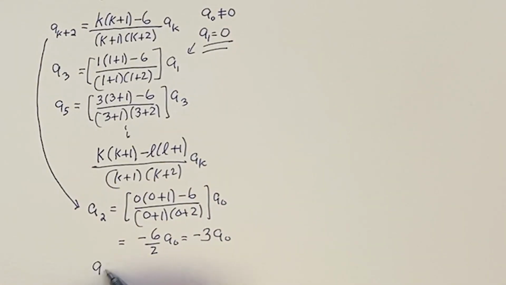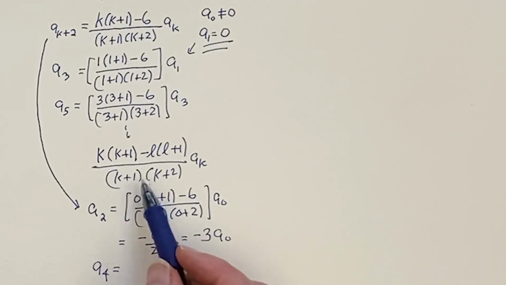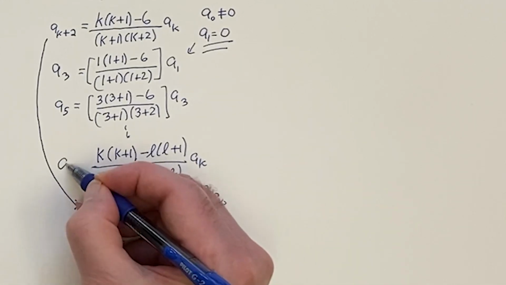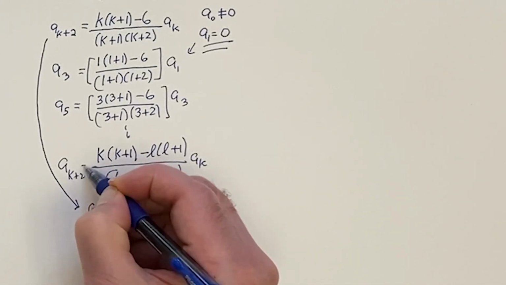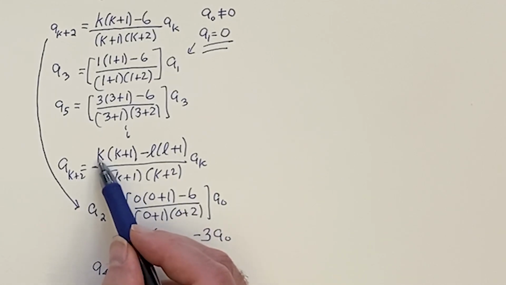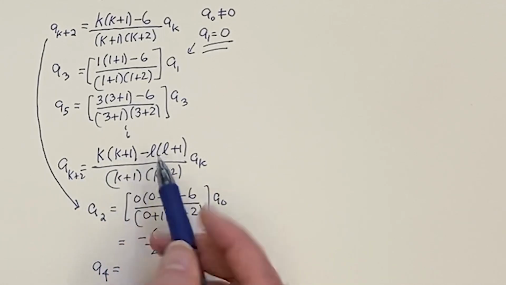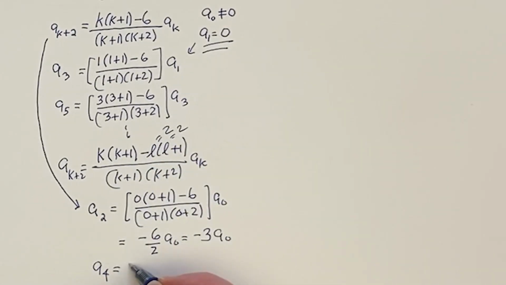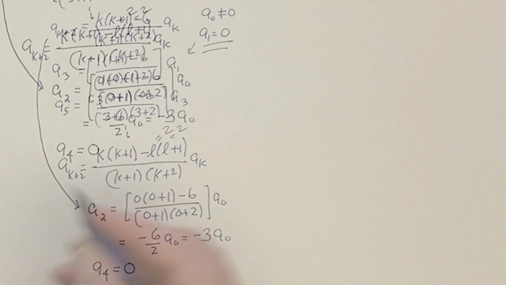Then if you try to find the fourth one, remember this is k plus 2, so you want to find the fourth one, you put in 2, but see the 2 and L in this case is 2, so that gets killed. So that means that's gone, and then all the subsequent even ones are going to be gone.